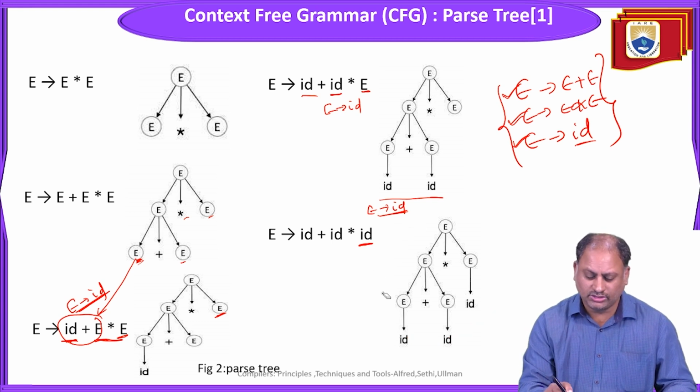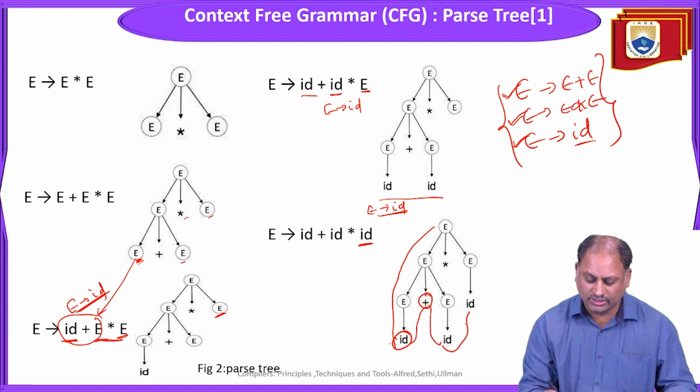In this derivation, the last non-terminal becomes ID, and then we move to plus, then the ID leaf nodes, then ID, and then star. From ID it goes to star, and then it goes to ID.